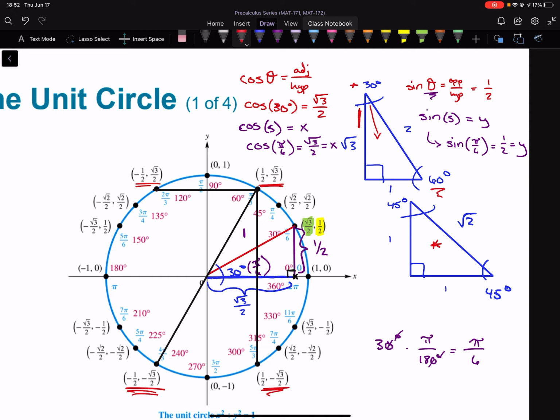Now, obviously, in these quadrants, you're going to need to just be aware of the signs of your coordinates. So in the second quadrant, x is negative, y is still positive. In the third quadrant, they are both negative, and in the fourth quadrant, x is positive, but y is negative.